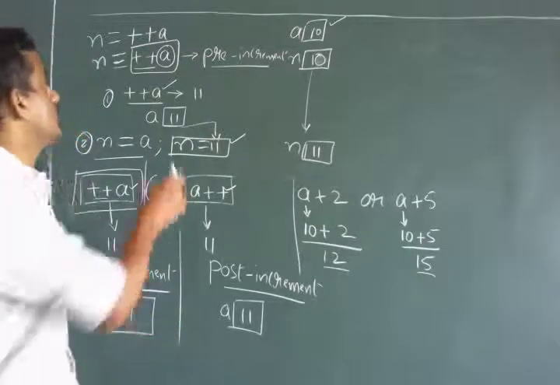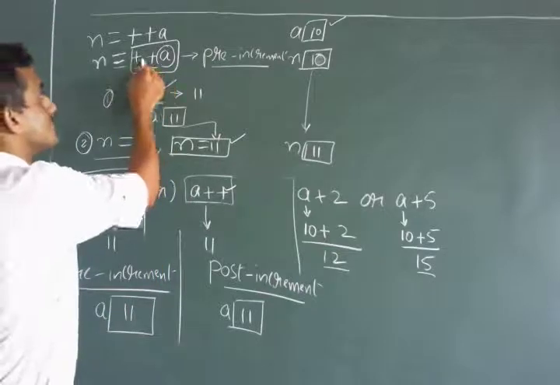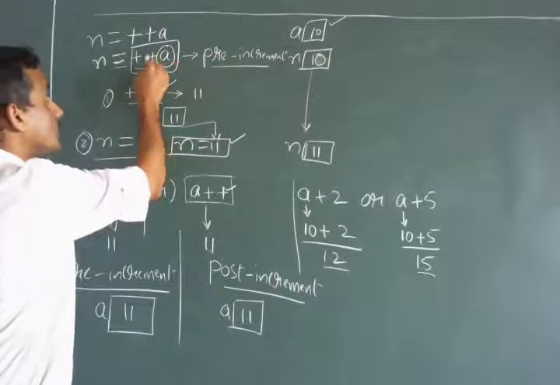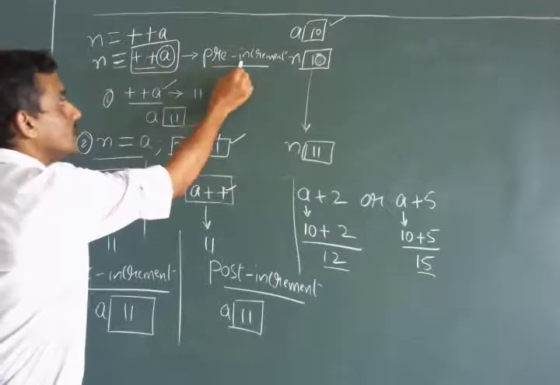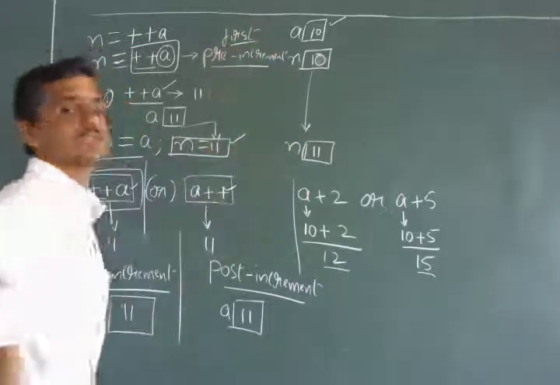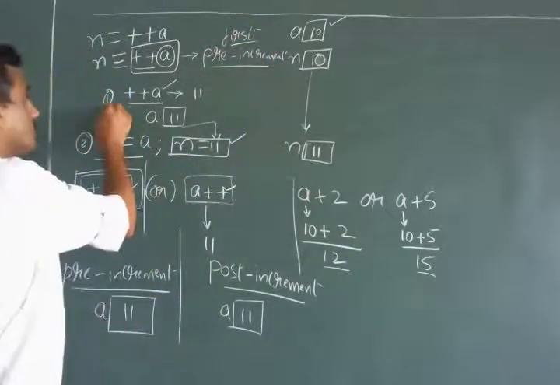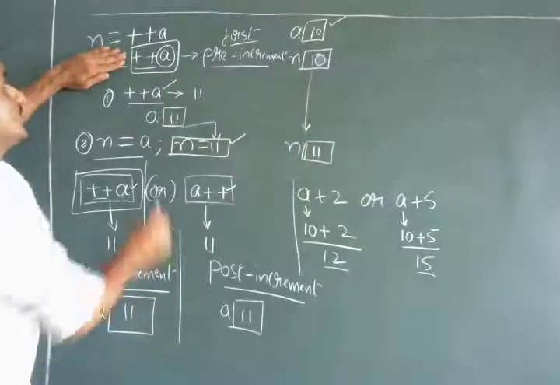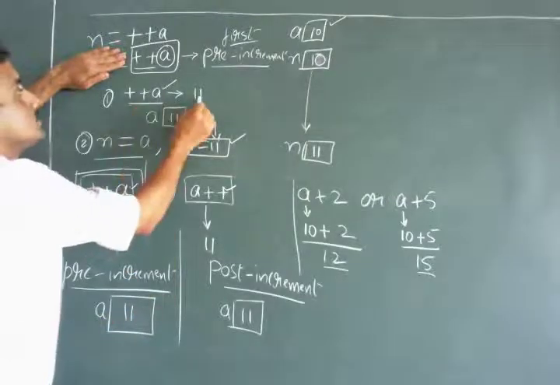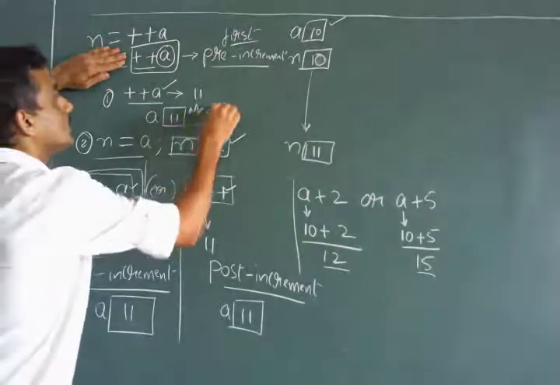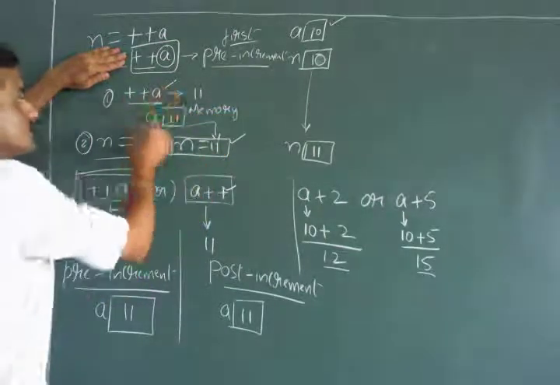In this case, you see where the plus plus operator is present. With respect to variable a, it is present before the variable. So it is called pre-increment. Pre-increment means first this operation should be done. So in the first step, you write plus plus a, closing this. If you write plus plus a, the value becomes 11. So in the computer memory representation, you write the value 11. Okay, this process is done.